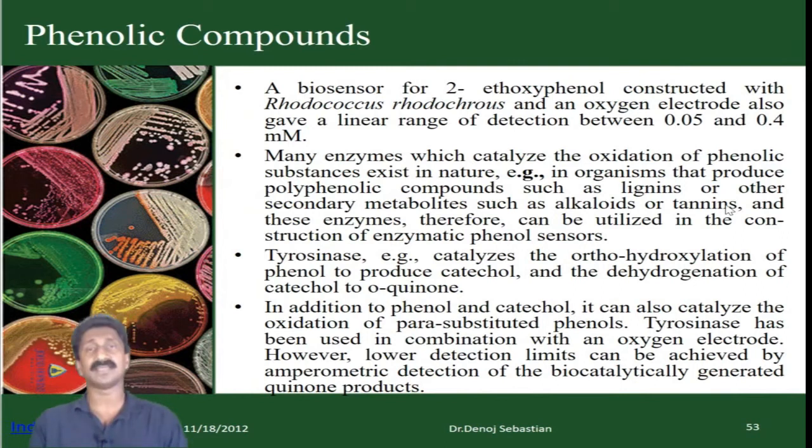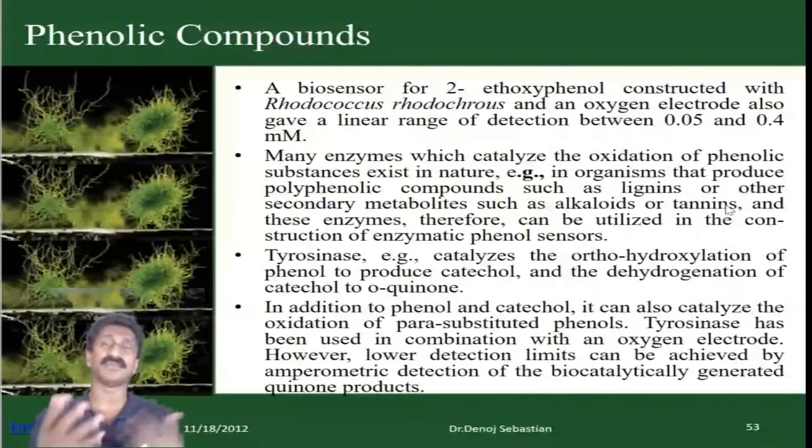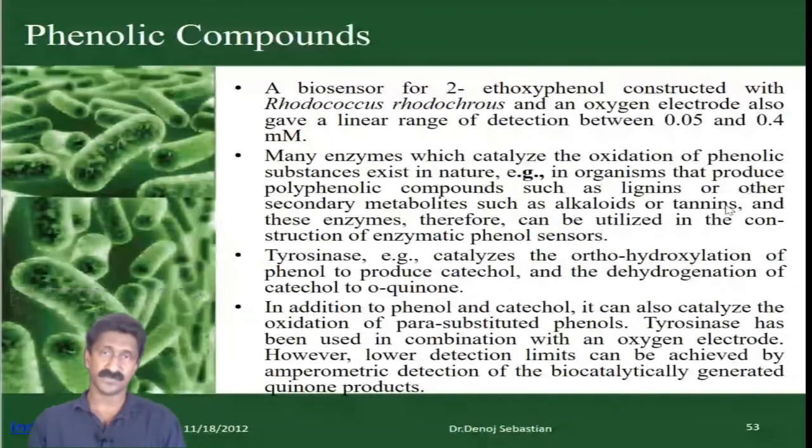So various natural enzymes are used for the oxidation of phenolic compounds, microbial derived or derived from different environments, and these enzymes which oxidize phenolic substances exist in nature itself.